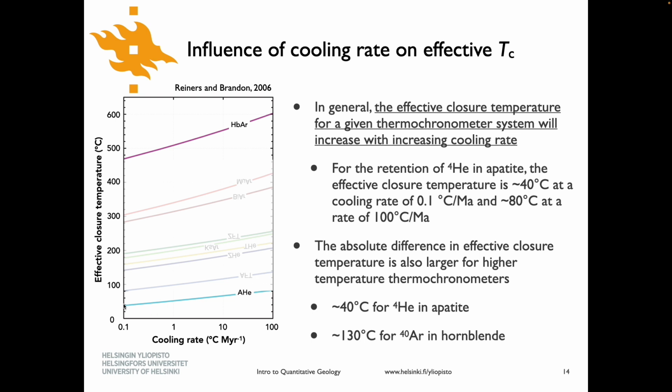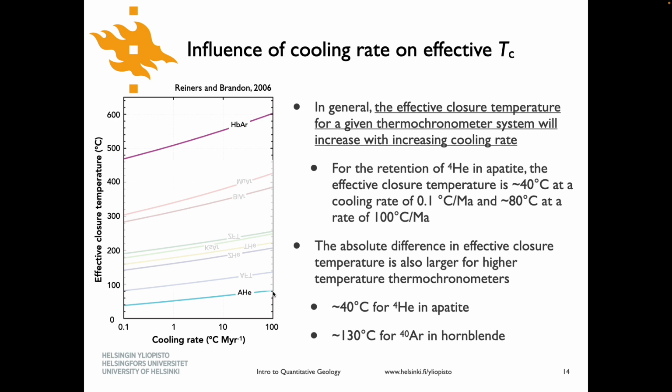So for apatite with helium, the daughter isotope, at a cooling rate of 0.1 degrees C per million years, you've got something like a 40 degrees C effective closure temperature, and it's about 80 when you go to a much faster cooling rate of 100 degrees C per million years. So that's the prediction based on Dodson's equation.